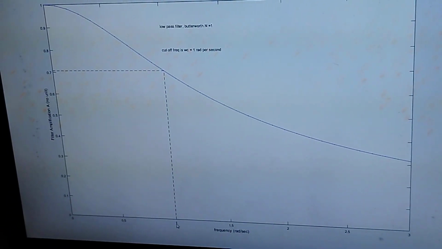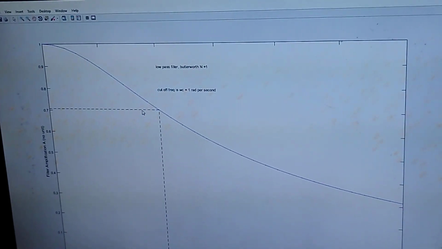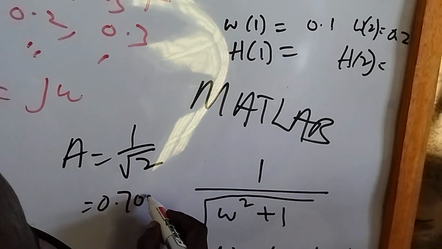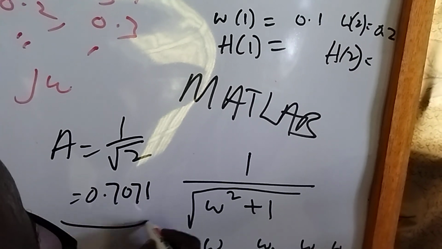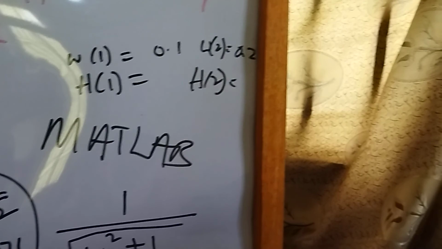The cutoff frequency is when the amplitude becomes 1 over root 2, which is around 0.7071, something like this. It is at that point that we call the cutoff frequency.